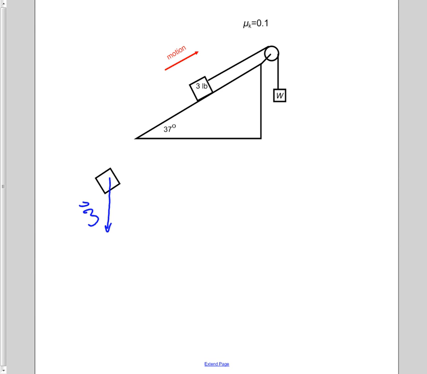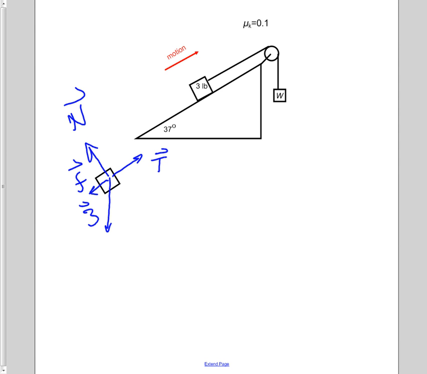There is a normal force, N, like this. There's a frictional force, F, like this. There is a tension in the string, T, like this. And that's everything.